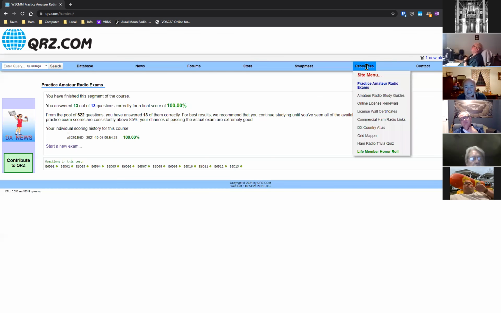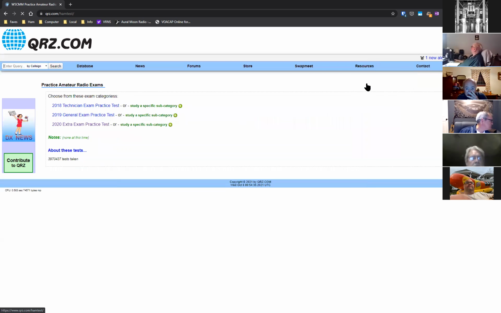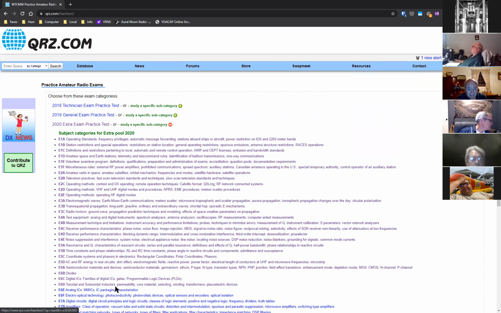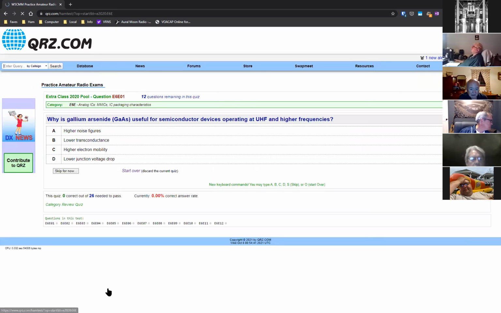All right. I think we have two more sections. This one. Why is gallium arsenide useful for semiconductor devices operating at UHF and higher frequencies?